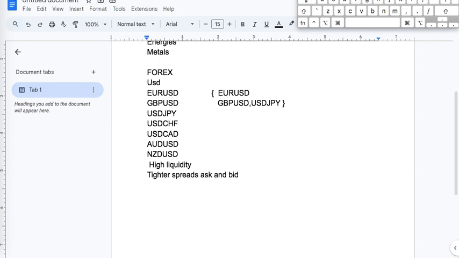If you're a trader, you want to obtain more profits with a small expense.